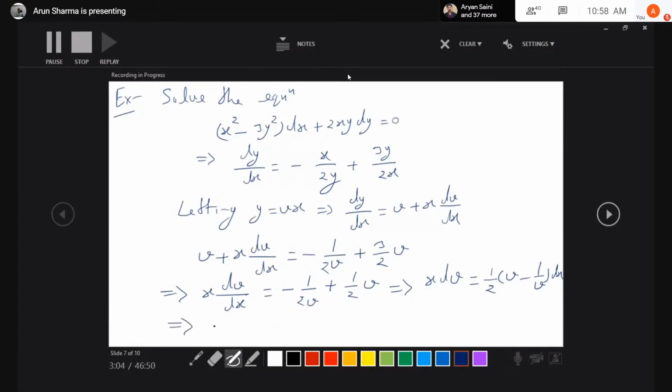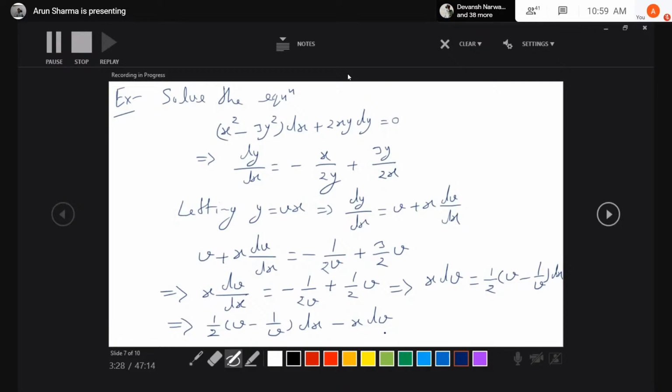So basically it is 1 upon 2v minus 1 upon v dx minus x dv. So it converts it into variables. So it looks like variable separable.